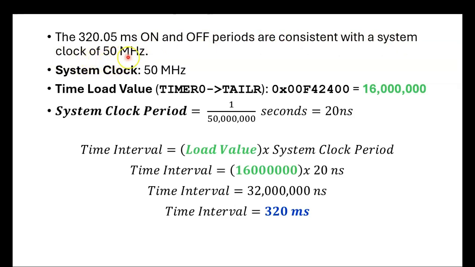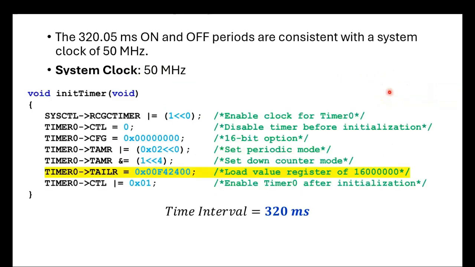Let's analyze this. The system clock is assumed to be 50 megahertz, and the timer load value would be 16 million. I got this 16 million from the init timer function that was used in the previous video.